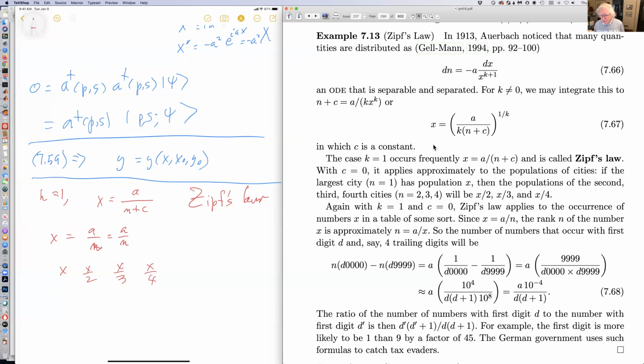And we call that the rank of it. And so the rank n is then a over x, simply because x is equal to a over n. So this is fairly simple.